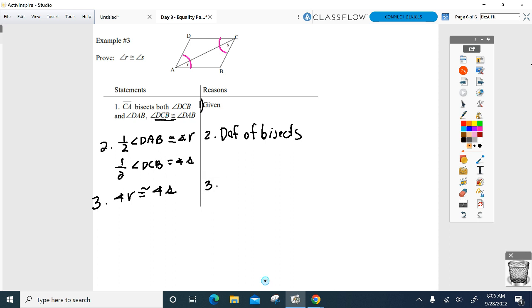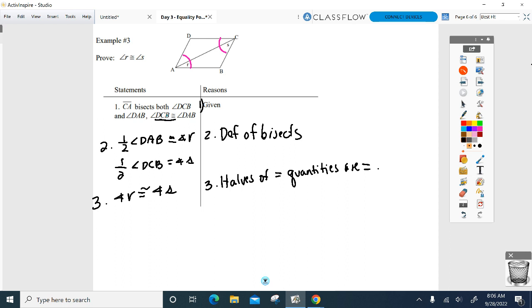It's our new one: halves of equal quantities are equal. But you need to tell me what's equal, and you need to show me you're taking half before you finish the proof.